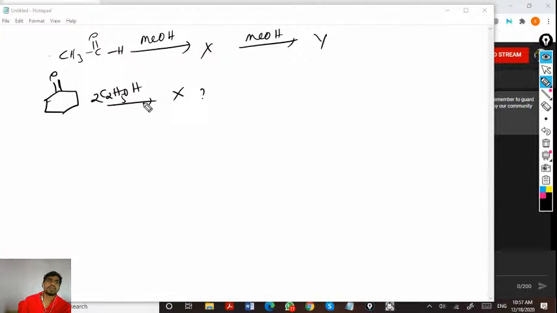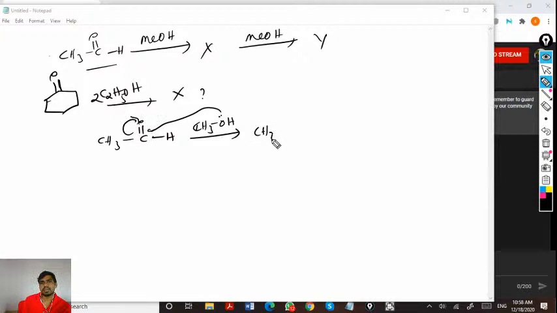Okay. If I take this one, it is acetaldehyde. Upon reacting with methanol or alcohol, it will give hemiacetal first. So this will attack and this becomes O minus and OCH3, and this is H plus.